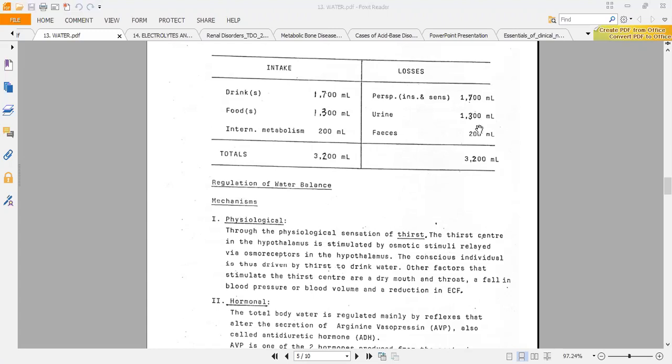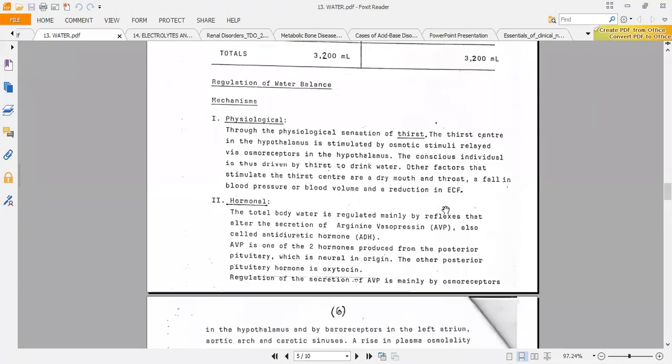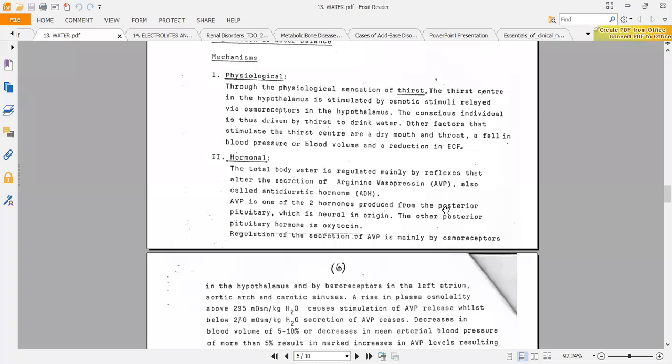Now let's look at water regulation. Some people may come either vomiting or dehydrated, or maybe even losing whole blood, so we want to see how this water is regulated. There are about 2 major ways in which water is regulated.